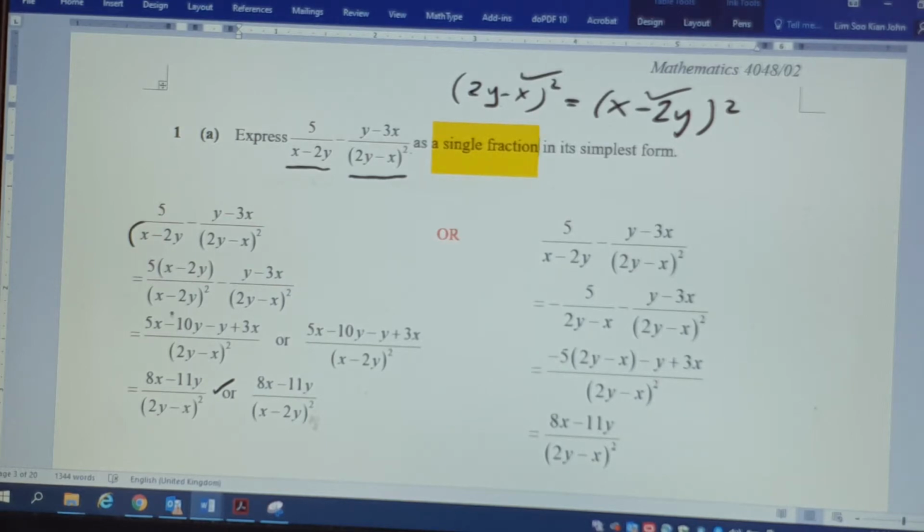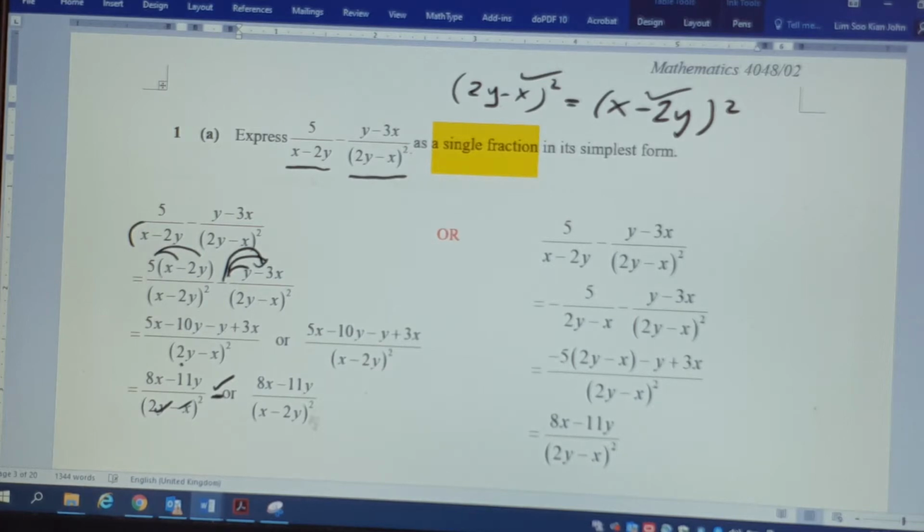Okay, now next one, right? I have here this times this. Okay? And when I multiply them, I at the same time combine this, which is here, and this. Now always remember, when there's a minus here, you must multiply not only the first one, multiply the second one as well.